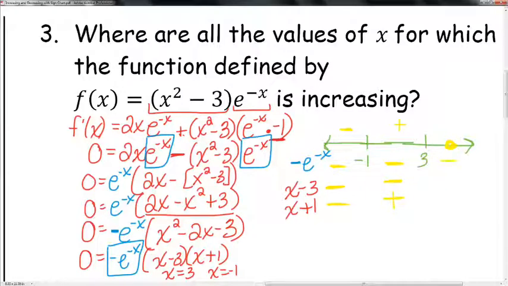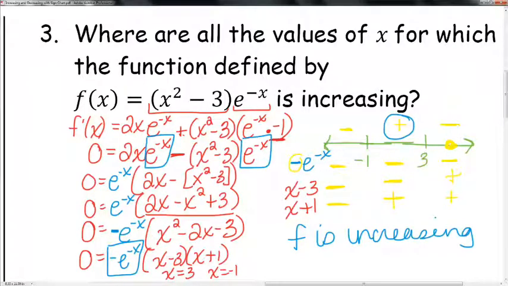That's still going to give me a negative number because of the negative out here. And then 4 minus 3 is positive, 4 plus 1 is positive, that gives me a negative. And so the only place where it's increasing is where my f prime is positive. So f is increasing from negative 1 to 3 because f prime is positive.